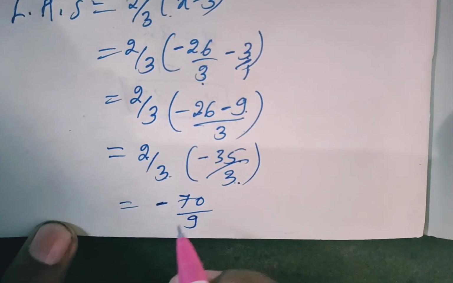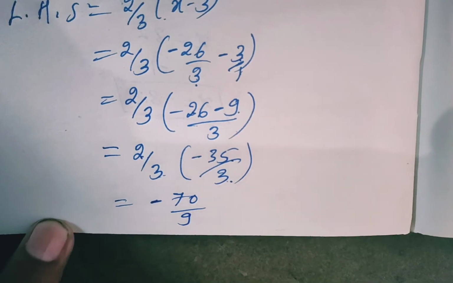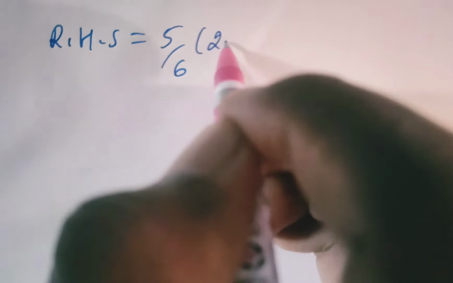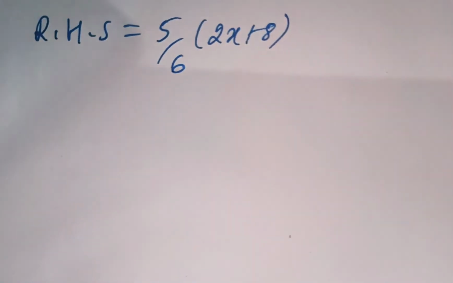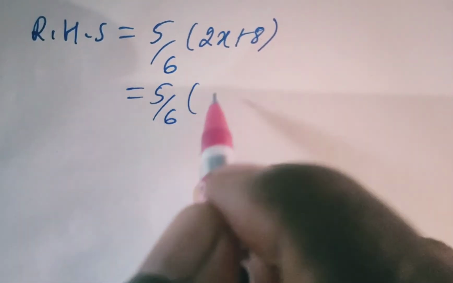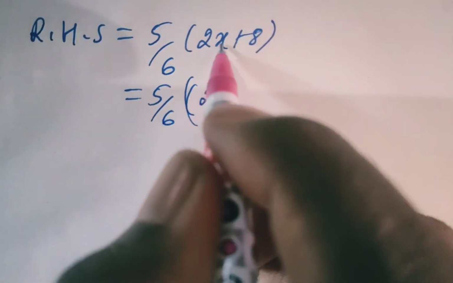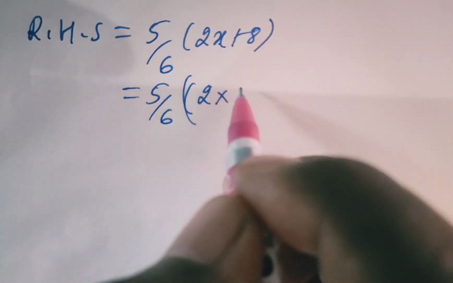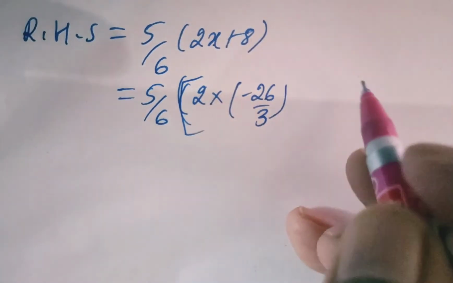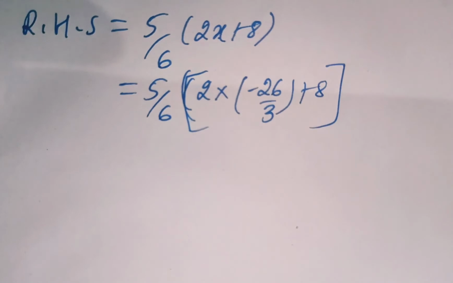Now similarly we have to solve RHS. Now RHS. What is there in the RHS? 5 upon 6 into 2x plus 8. This is the RHS term. Same thing, we have to put the value of x. 2 as it is, here the x value is minus 26 upon 3, plus 8.